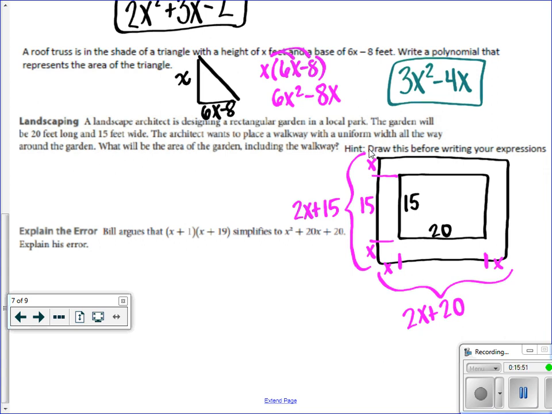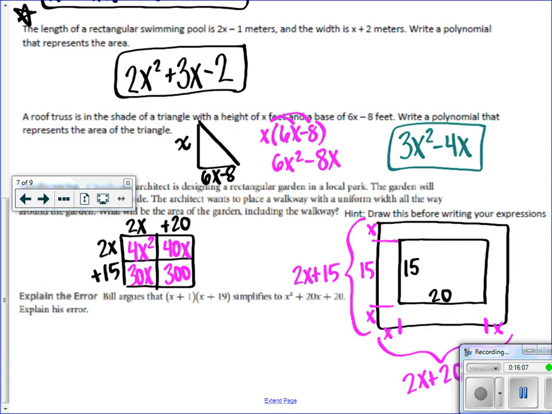Correct. Okay, go ahead and find that area now. What is the simplified answer for the area? 4x squared plus 70x plus 300.